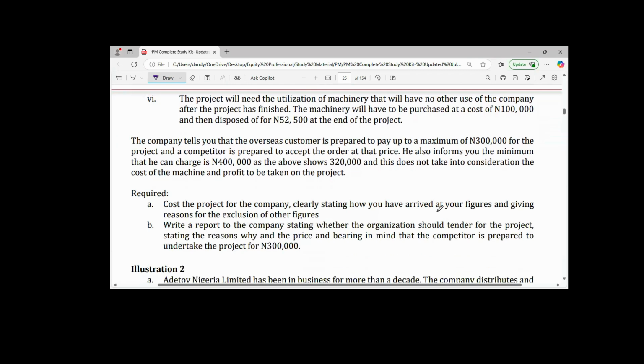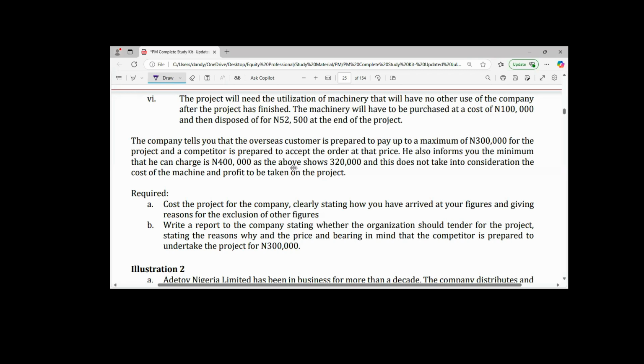Required: A. Cost the project for the company, clearly stating how you arrived at your figure and giving reasons for the exclusion of other figures. B. Write a report to the company stating whether the organization should tender for the project, stating the reasons why and the price, and bearing in mind that the competitor is prepared to undertake the project for 300,000 naira.